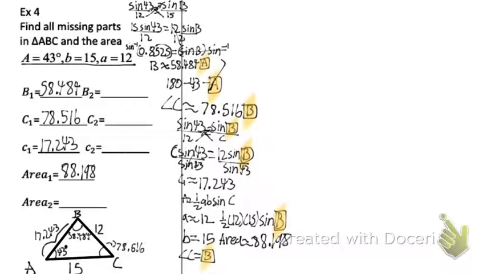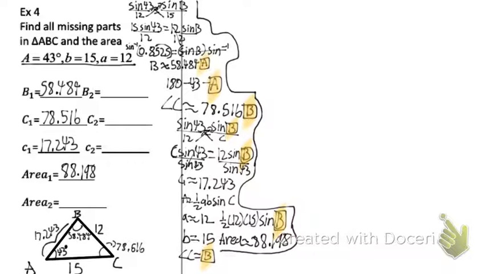Now let's draw a line. So then, this is where the second triangle is.